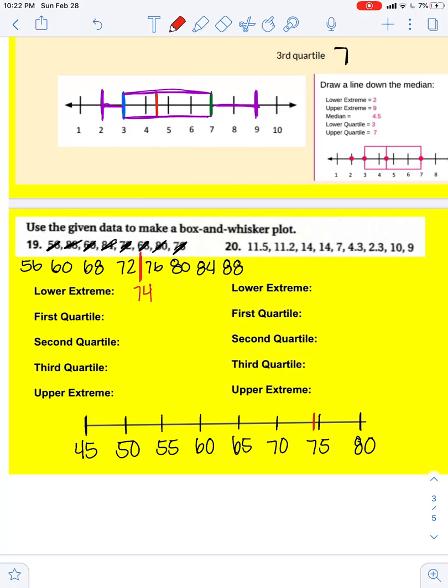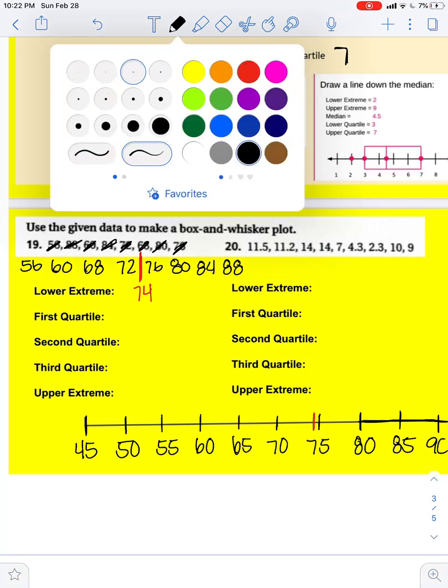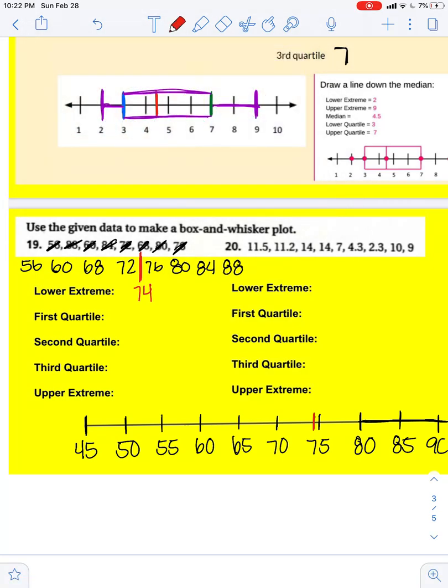And I am actually going to extend this line because I just realized we need to go probably to 90. So we'll do 85 and 90. So I've got my median marked on my number line down here.